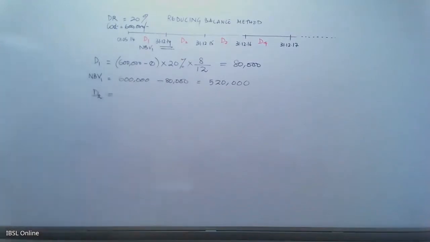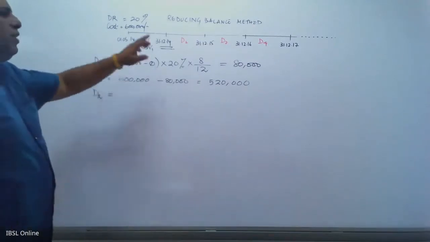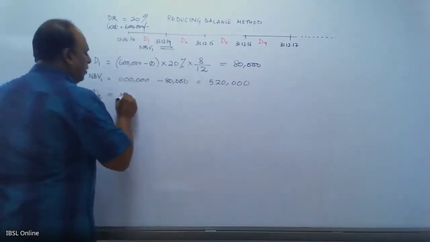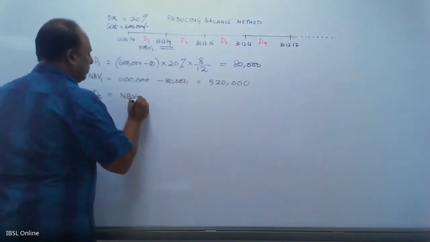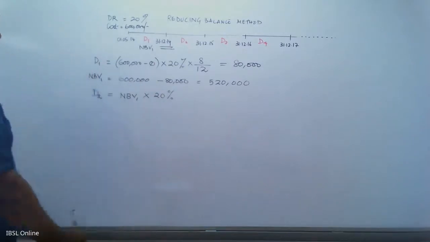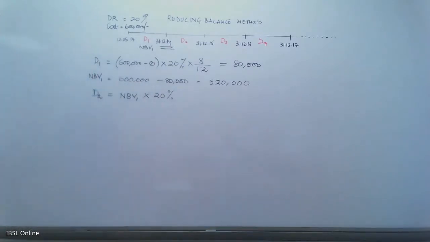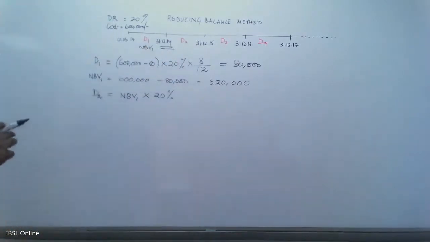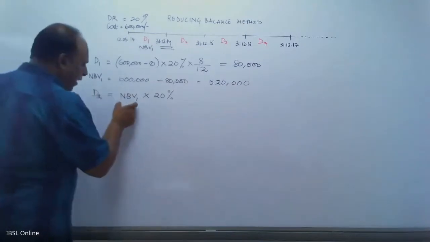Okay. D2. How do we calculate D2 is, now we don't go into this cost minus scrap value. Now it will be net book value 1 into 20%. This is very important. What does that mean is, when it goes to the second financial year, the depreciation is calculated on the net book value.